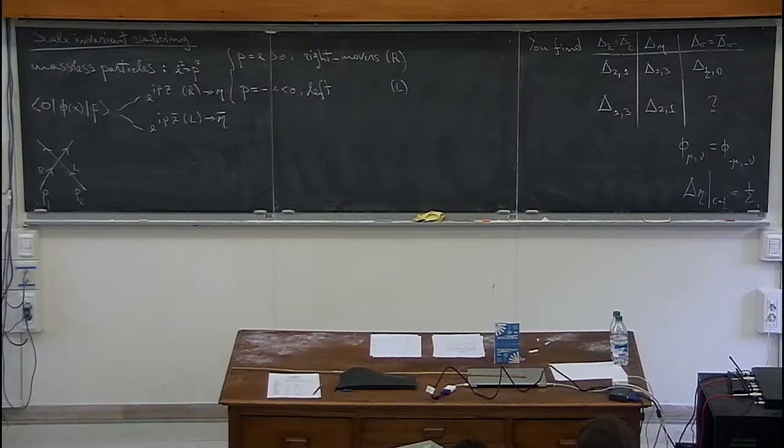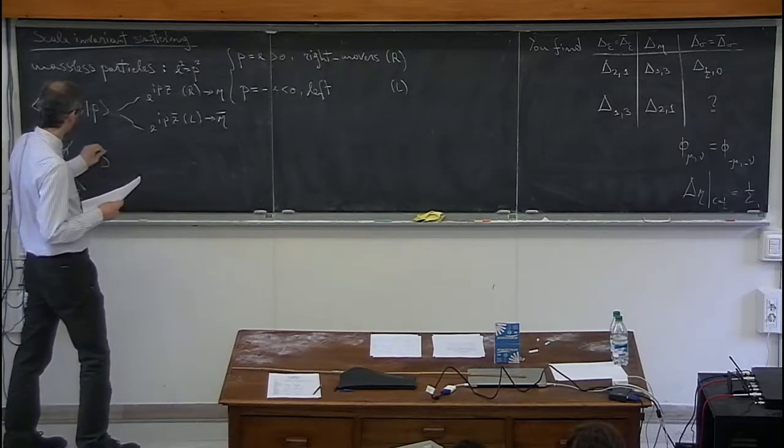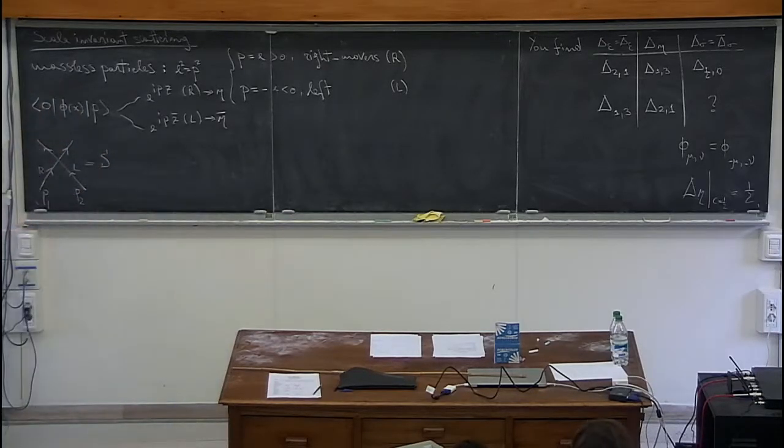So let me think of the case there is just one species. So I don't have indices around for the time being. Now, I look for the amplitude. So this will be some amplitude. So again, there are no indices.